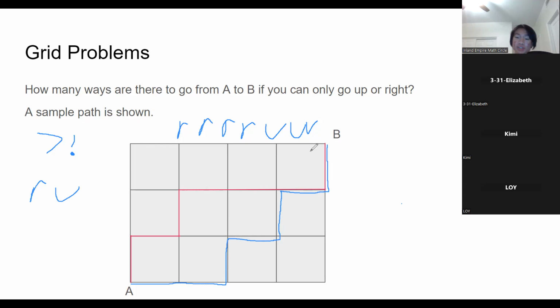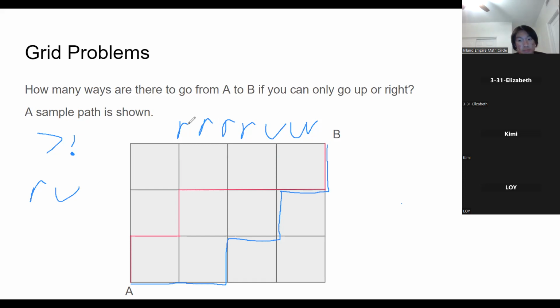Mm-hmm. So now we simplified this from a pretty complicated grid problem to just rearranging this row of letters. We could go to every letter and rearrange, and show all its possibilities. Let's just worry about the first 2 letters.